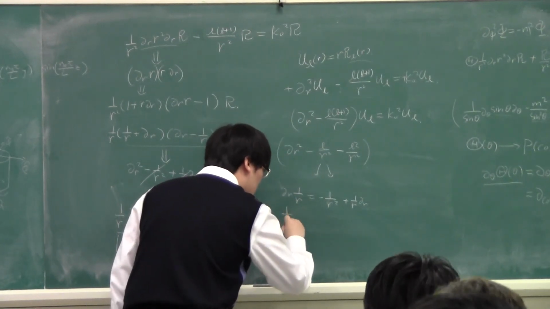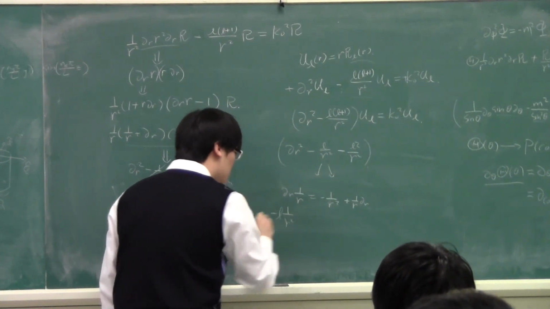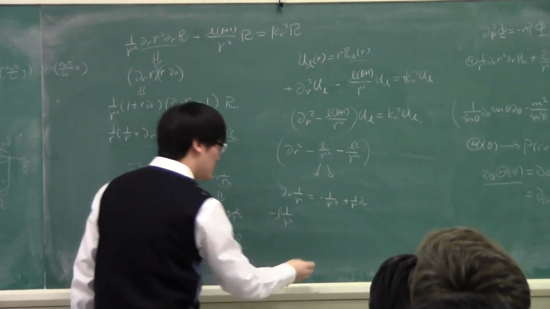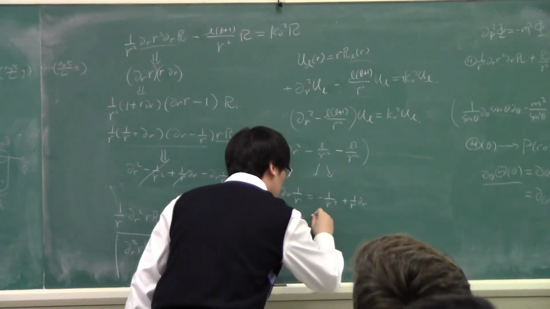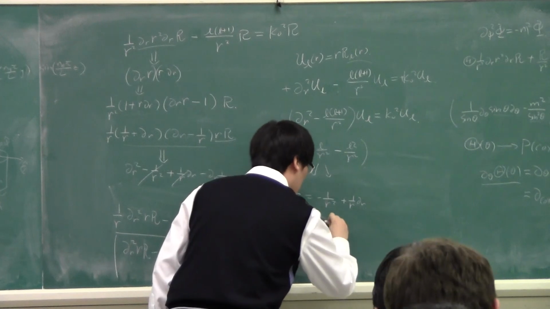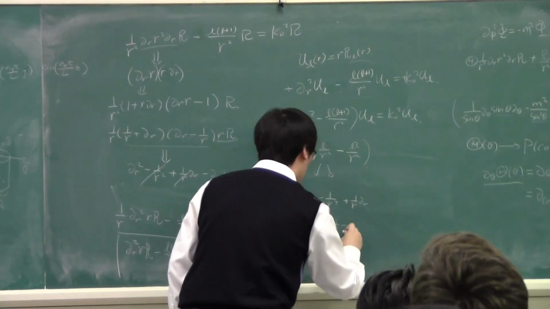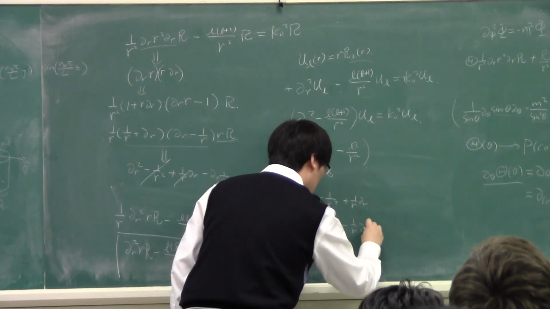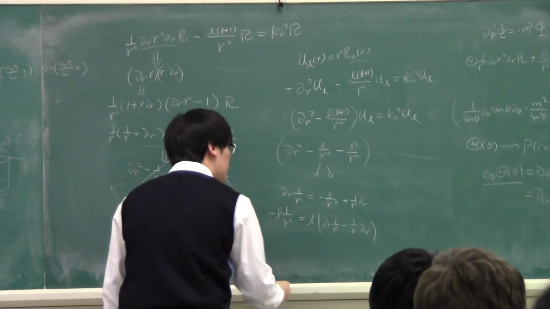So I can replace the 1 over r squared term by taking this to this side. So it's L times d_r 1 over r, and then minus 1 over r d_r. Correct?